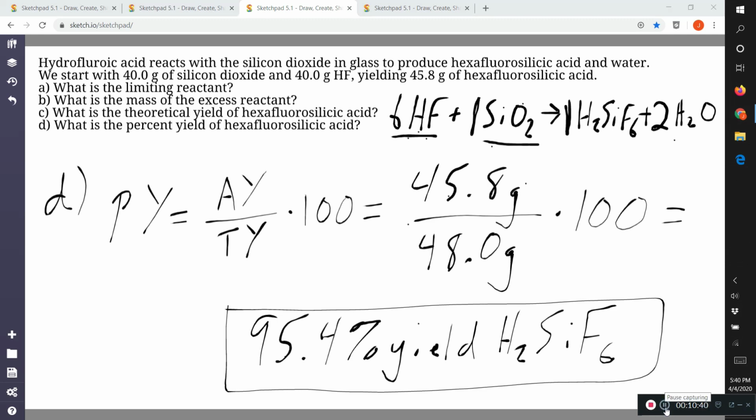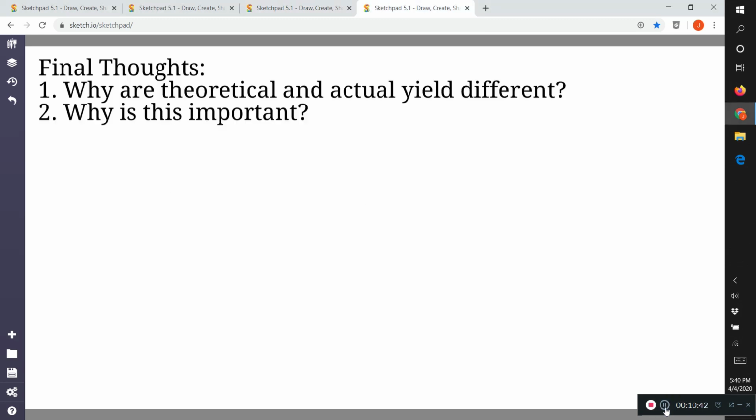So let's talk about a few final thoughts. Why are theoretical and actual yields different? Beyond the limitations of measurement tools or mathematical errors, oftentimes it is hard when you make something in a chemical process to actually recover all of it. If you're making something like hydrogen peroxide, it naturally decomposes. So by the time you actually make it and then take it away, it's going to have decomposed a little already.